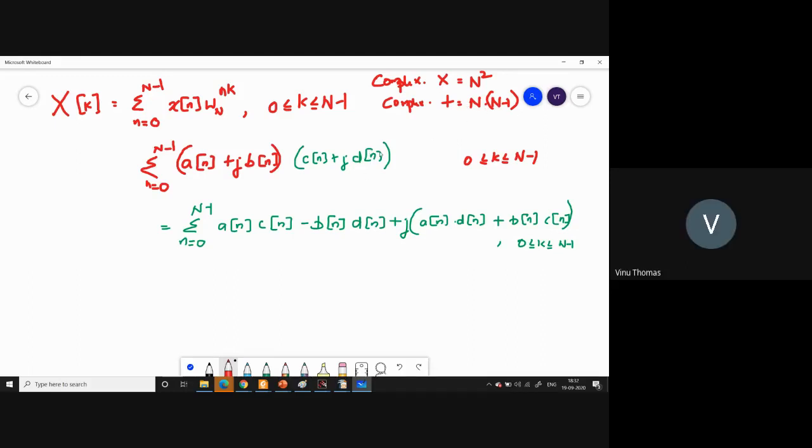Now you measure the complexity of an algorithm by the number of multiplications, because addition is a much simpler operation compared to multiplication. So you mention the complexity of an algorithm by means of the number of multiplications.